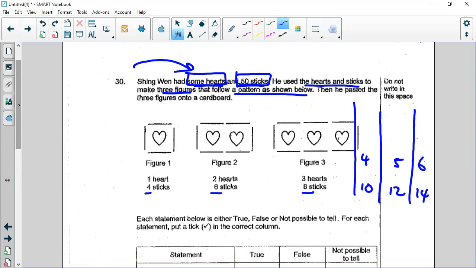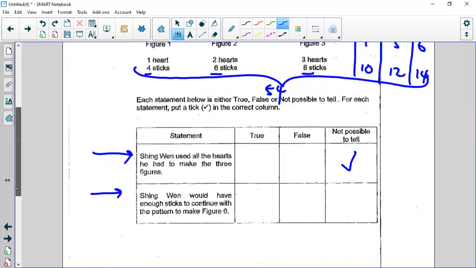So how many sticks will he need altogether? You take 4 plus 6 plus 8 plus 10 plus 12 plus 14. He will need to have 54 sticks. But does he have 54 sticks? He has only 50. So your statement has to be what? False. He doesn't have enough. He only got 50 sticks.